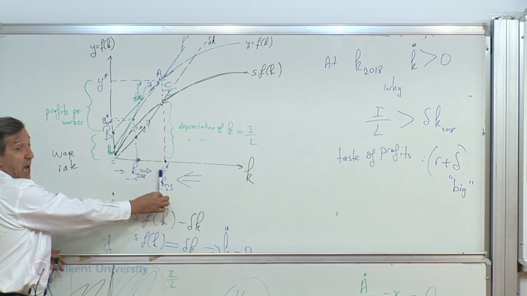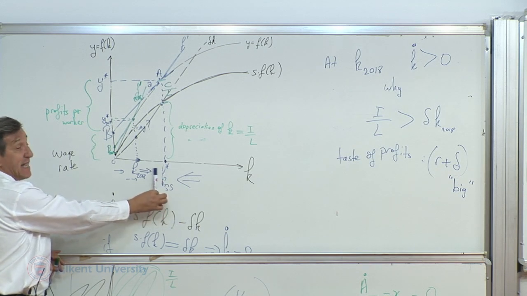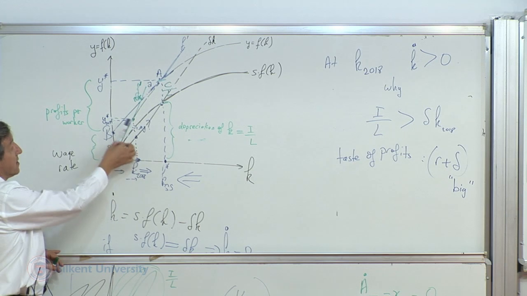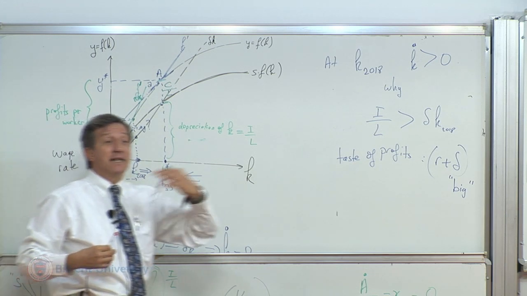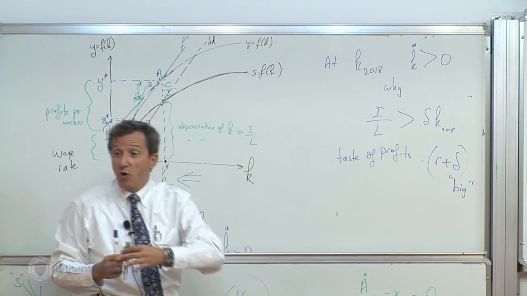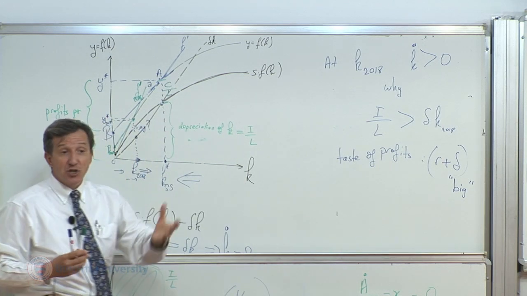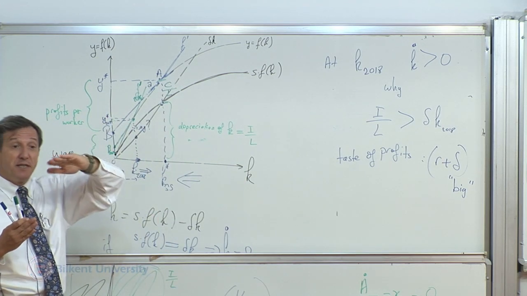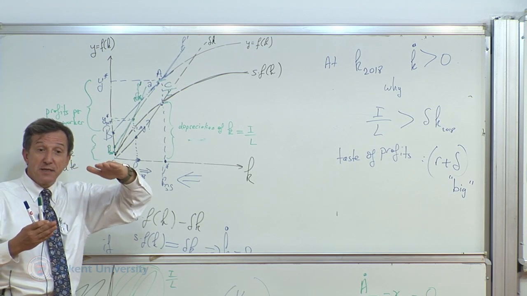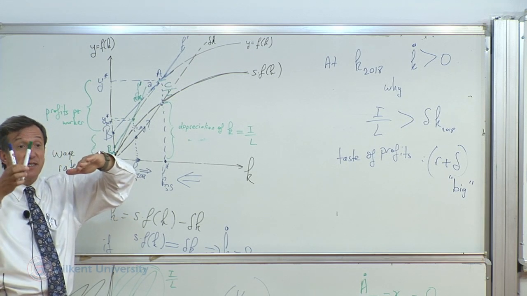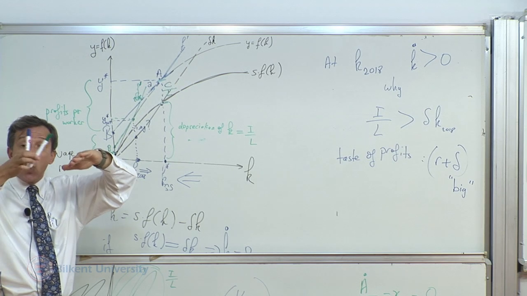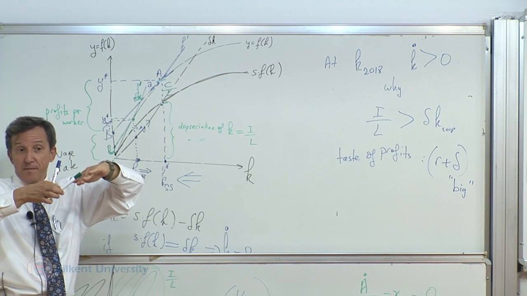At any capital value less than the steady state, because of my assumption of diminishing returns, because of this curvature, at each round the slope diminishes and diminishes, but at each round it is still higher than what it has to be.